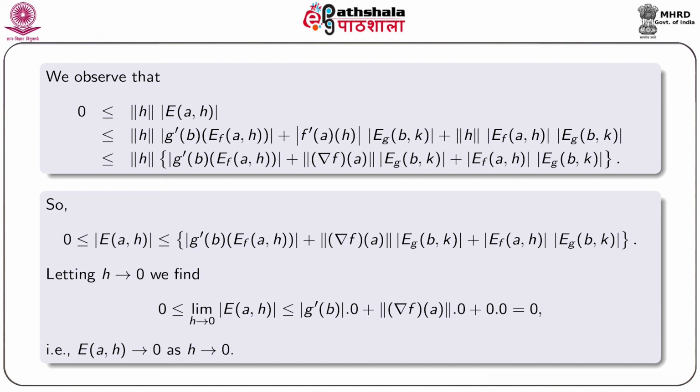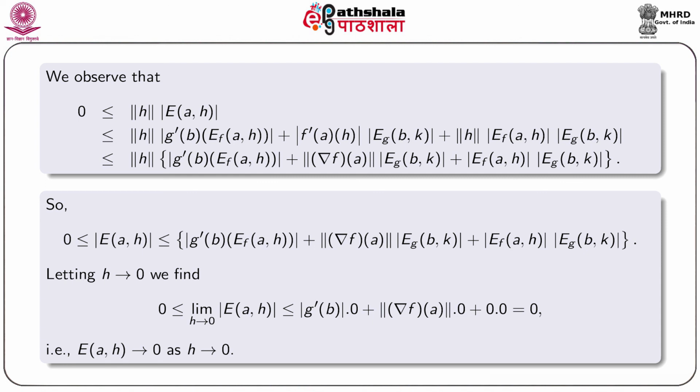As H tends to 0, all the error terms go to the corresponding 0 vectors. And we know g dash B is a linear transformation, and any linear transformation carries the 0 vector to the 0 vector.